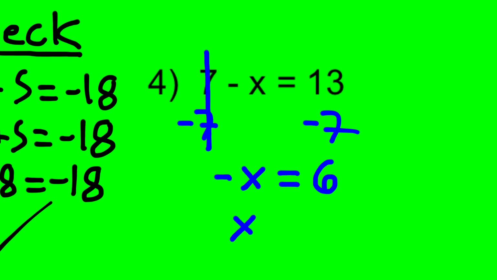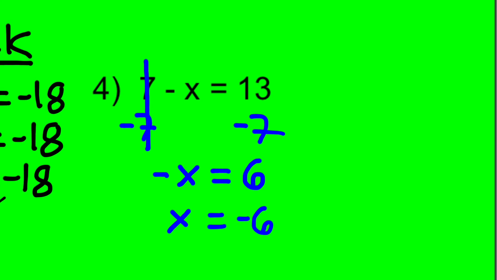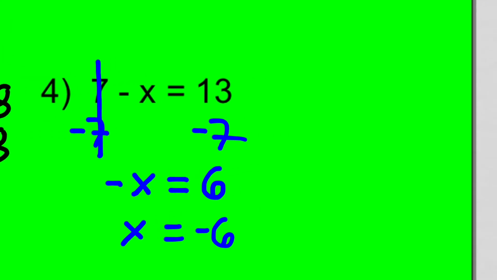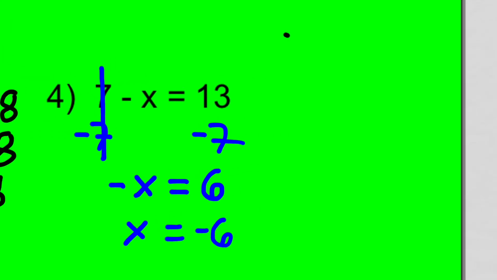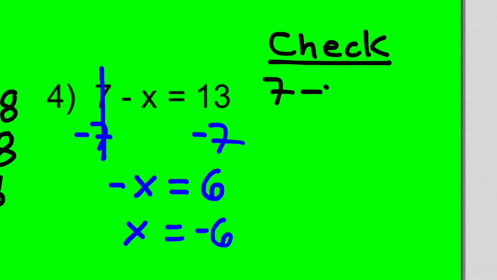So, to do that, I use the idea of equality. I do the opposite of negative x, which is positive x, and then on the other side of the equal sign, I do the opposite of +6, which is -6. So the value of x is -6. Now let's check it. Both sides of the equation should balance if this is true. So I write down the original equation.